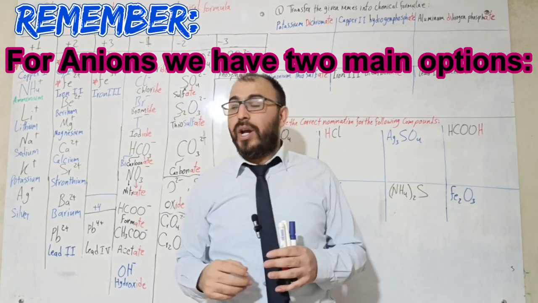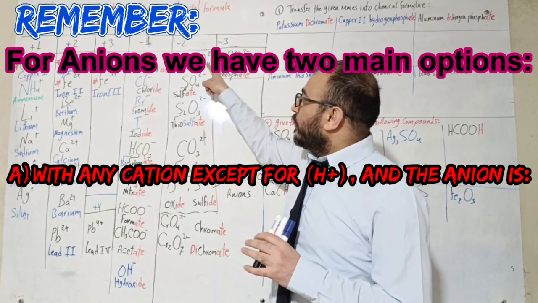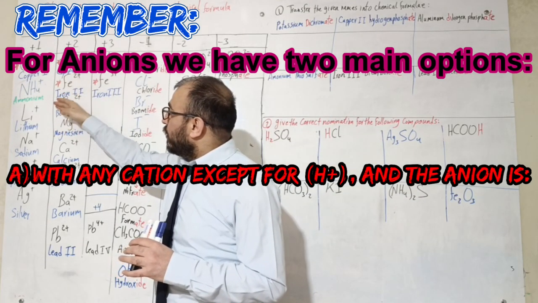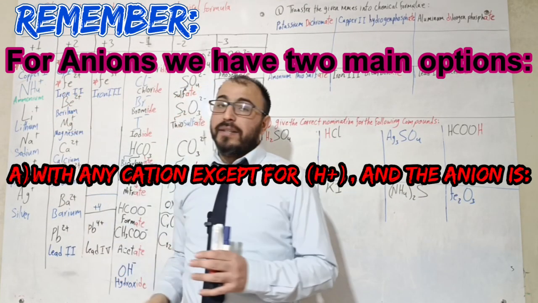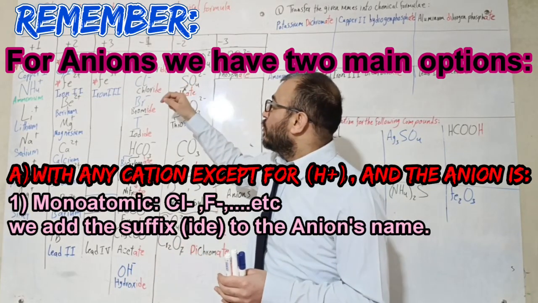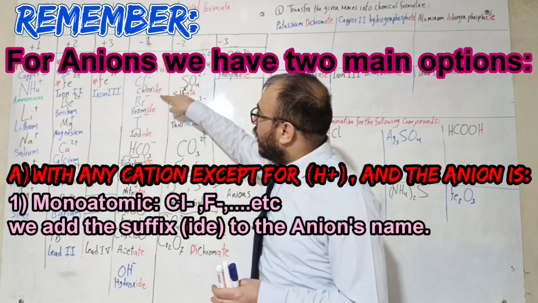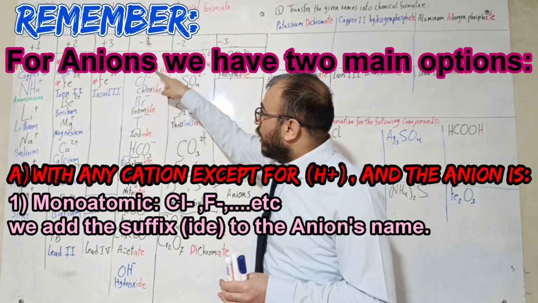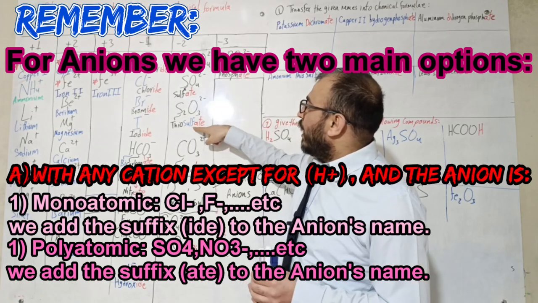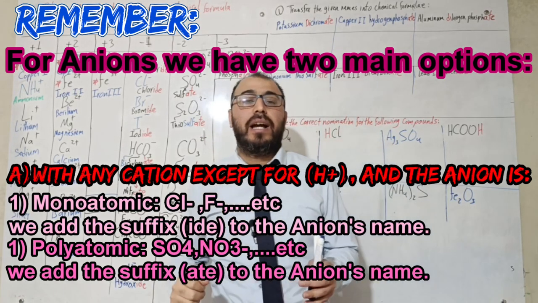The first one is when the negative ion is attached to any cation, any positive ion except for H+, and then we have to add "-ide" for some monoatomic ions, and we use "-ate" for some.